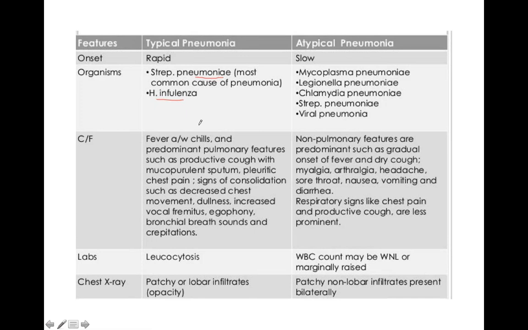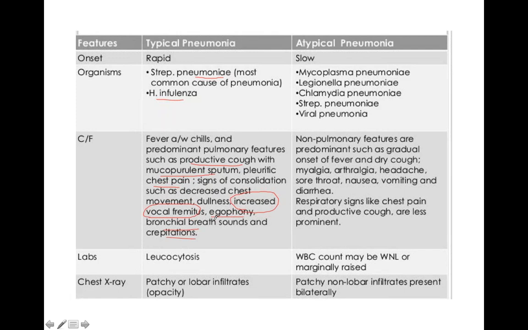In typical pneumonia the patient will have high fever with chills, productive cough with sputum production, and chest pain. There are signs of consolidation like decreased chest wall movement, dullness to percussion, increased vocal fremitus, egophony, bronchial breath sounds and crepitations. I will come to these things. Labs will show leukocytosis.